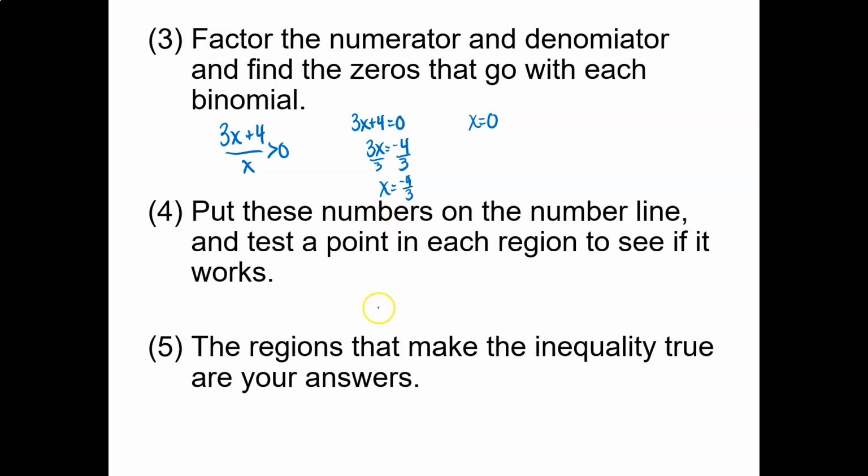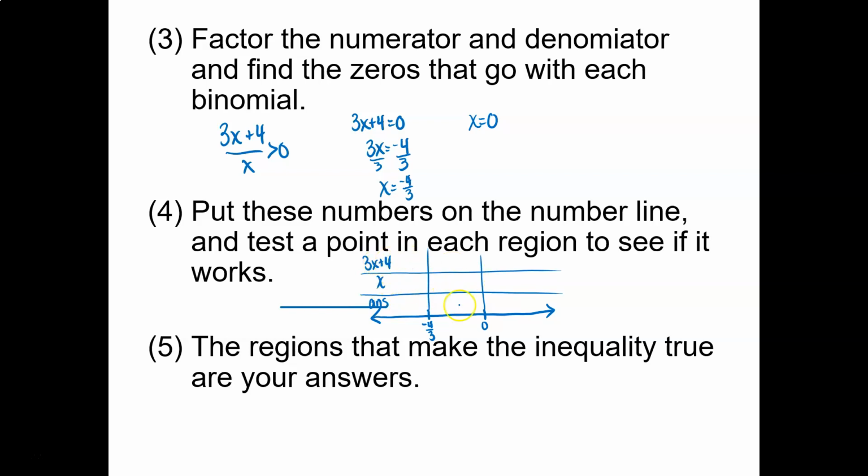And so for this problem, we would put negative 4/3 and 0 on our number line. Make the chart if you want. This is a pretty small one, but I still just prefer the chart. You guys seemed to do pretty well with the chart yesterday, too. There's usually a kid or two that doesn't like it and just plugs numbers in, but I prefer it.